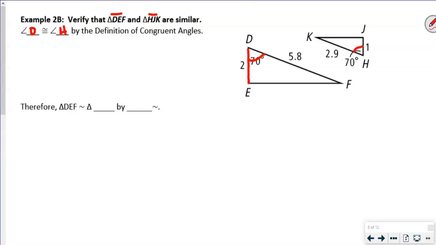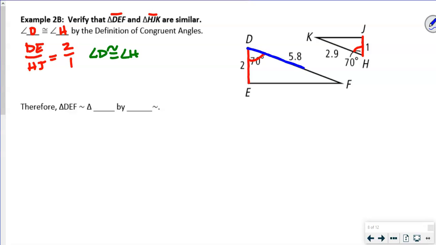Y'all see that? HJ right there, okay? So that's going to be DE over HJ is equal to 2 over 1, right? Now we have that angle, right? So I'm going to go ahead and write that between here, okay? So we have angle D is congruent to angle H, right? So we have a side, we have an angle. Now let's see if we have a third side.